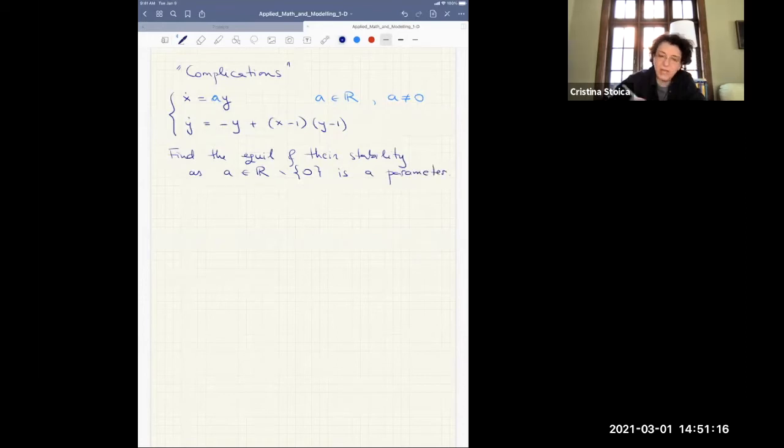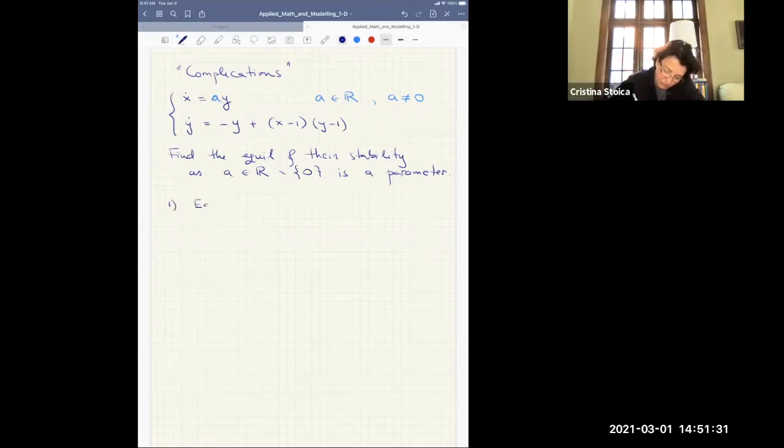In other words, do cases. It's a parameter, so we have different cases, as A is positive and A is negative and so on. The steps in principle are the same.